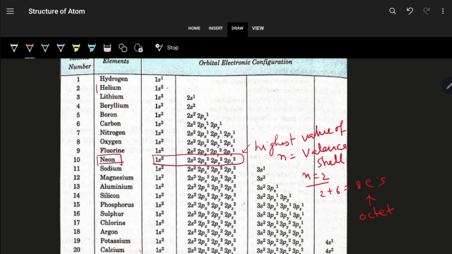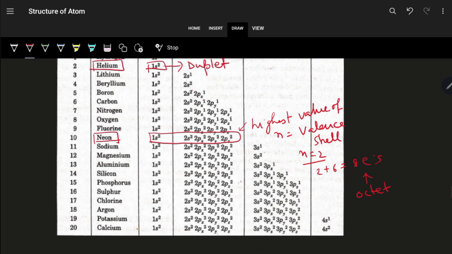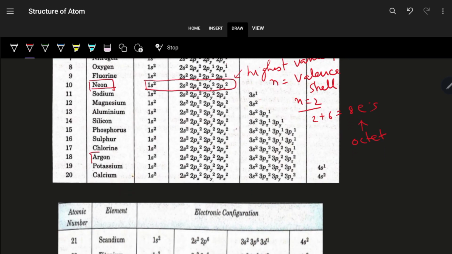Helium has a duplet configuration, because it has only one s orbital, which can have a maximum of 2 electrons. After this you have argon, atomic number 18.